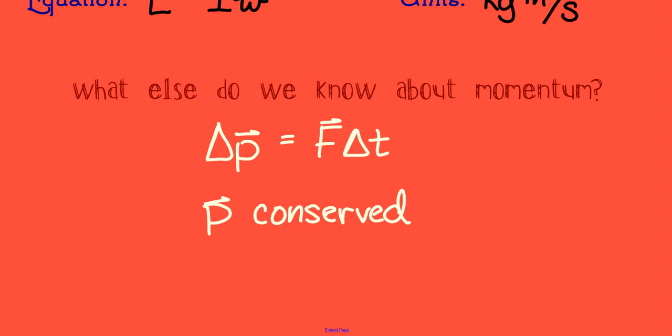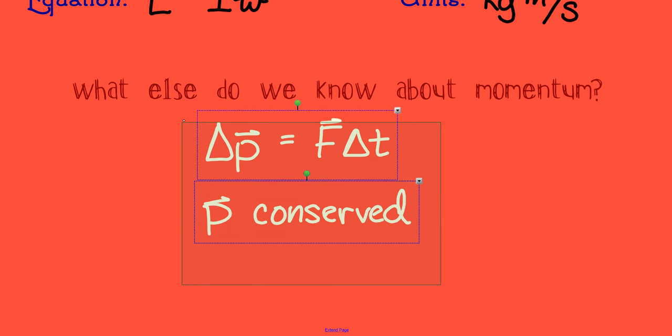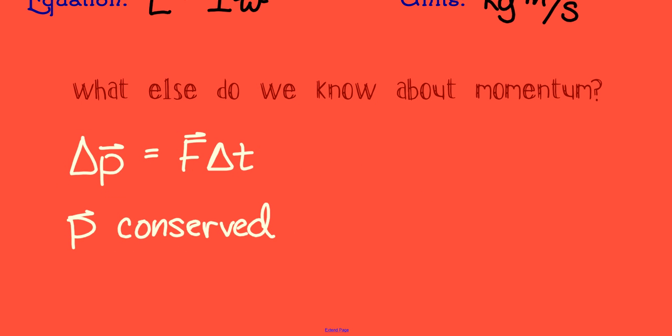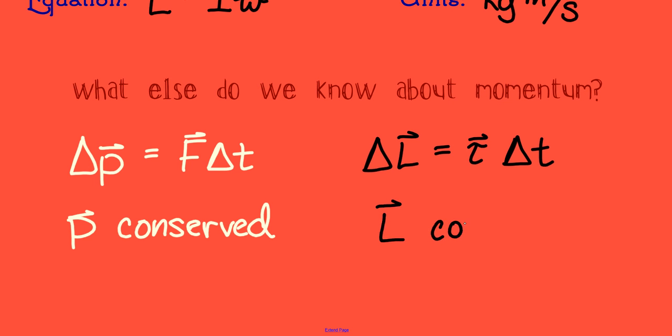Guess what? We can use these two rules in a rotational form as well. So if this is the linear version, then the angular version would be that the change in angular momentum is equal to the rotational form of force, which is torque, times the change in time. And also, angular momentum is conserved.